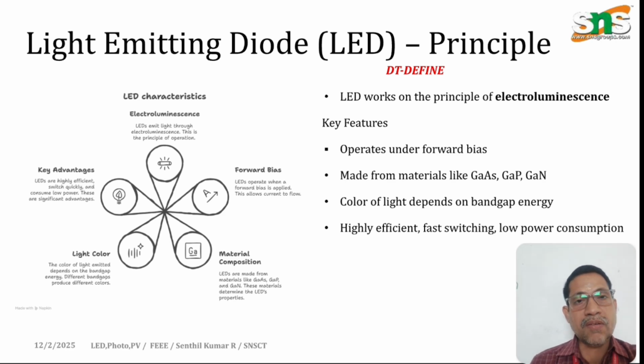The advantages of the LED are that it is highly efficient, has low power consumption, and a fast switching ratio. Therefore, for all digital electronic devices, for displaying the output, LED is the most prominent diode for optoelectronic applications.